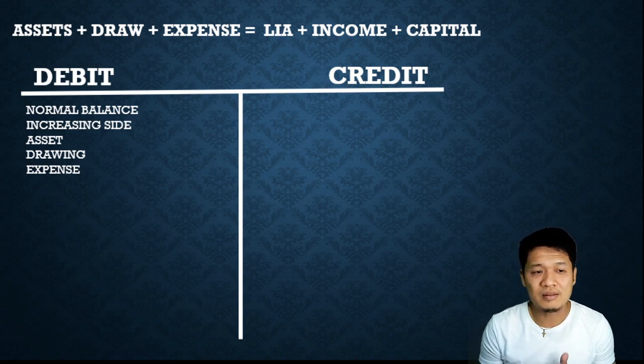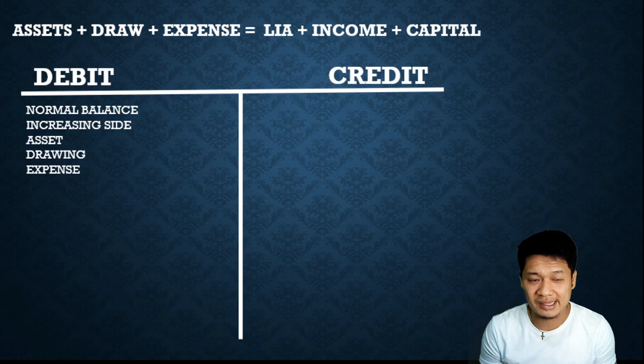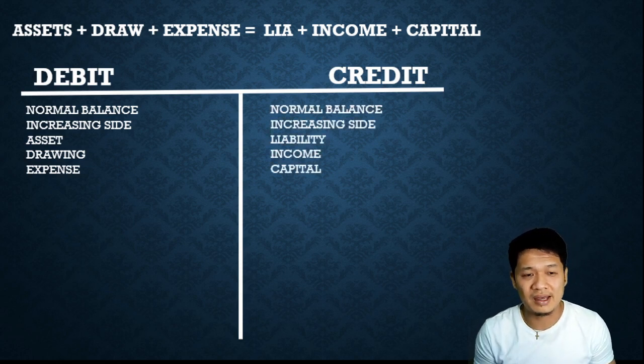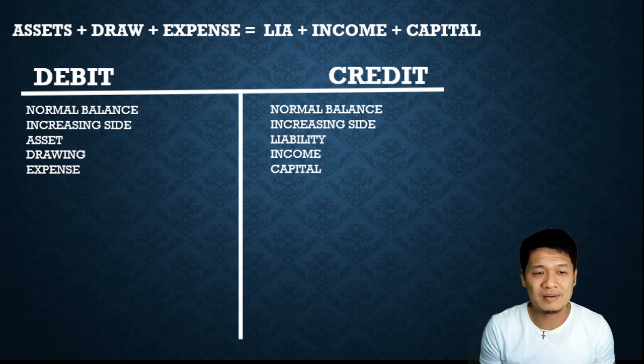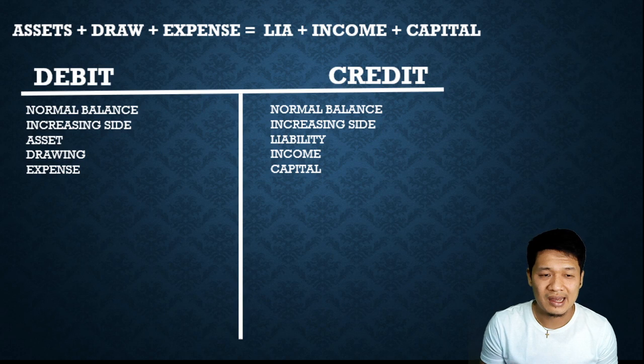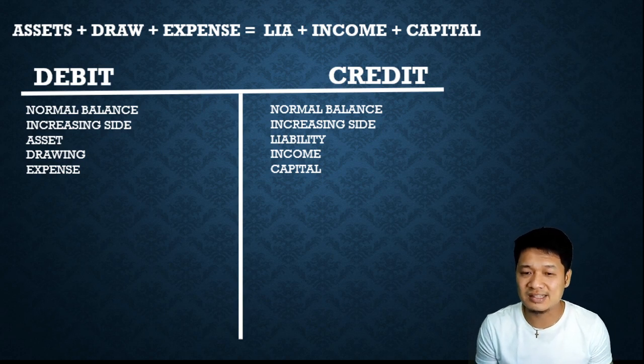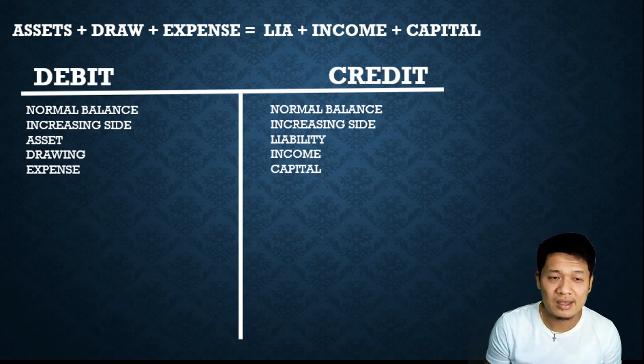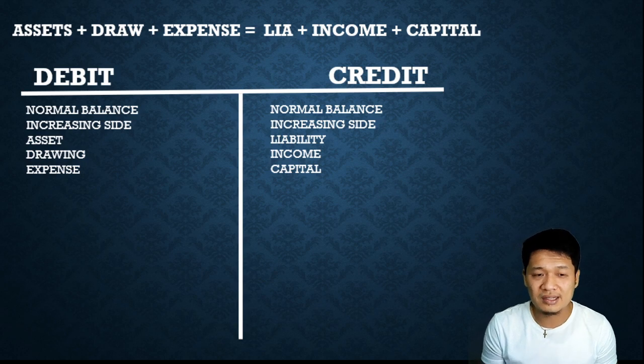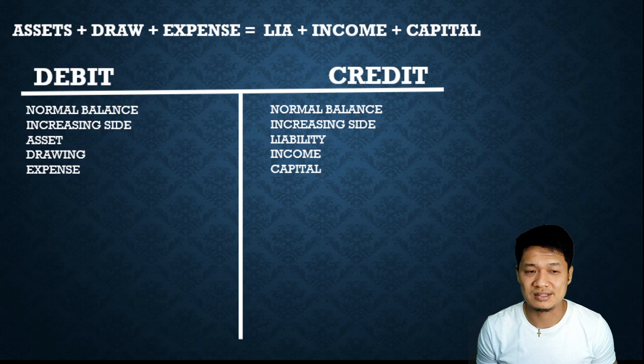When we say normal balance, it is the increasing side. Okay? And then the other 3, from the credit side, we have liability, income, and capital. Yung normal balance nila or increasing side is credit. Ibig sabihin, kapag nadagdagan yung liability natin, nadagdagan yung income or capital, kine-credit natin sila.